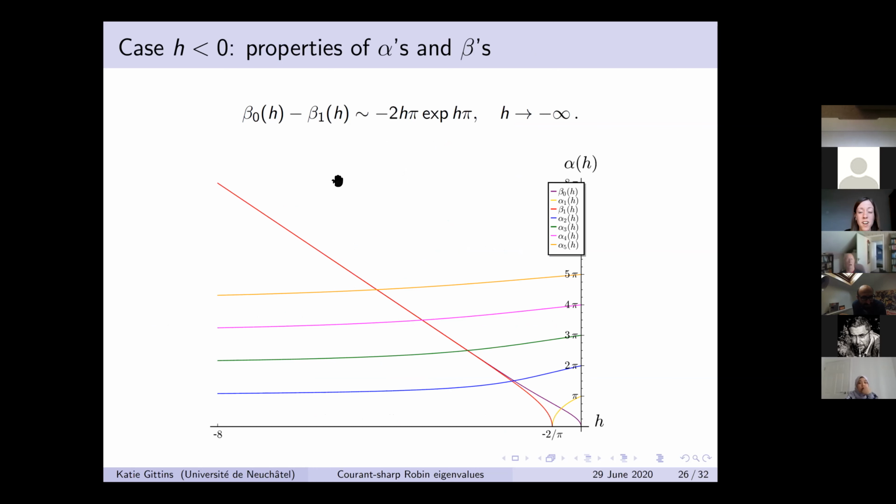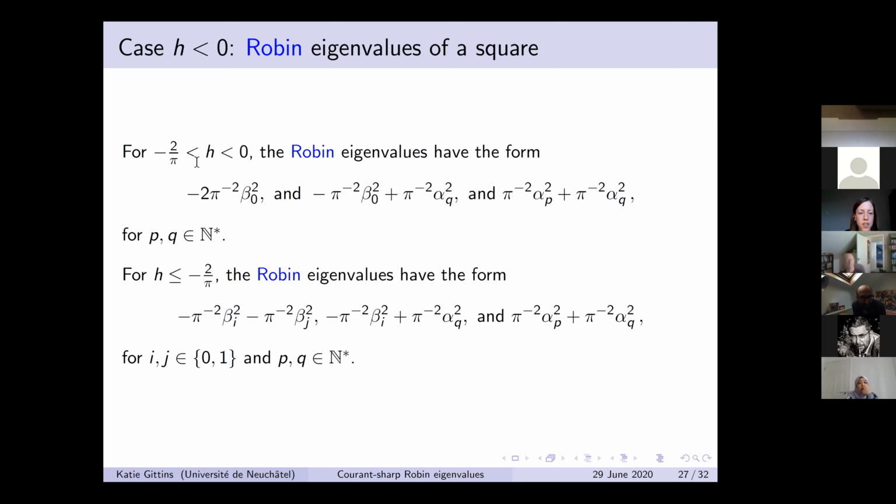So what do our eigenvalues look like now on the square? When h is larger than minus 2 over pi, either I have the sum of 2 beta zeros, or those given by beta 0 with an alpha q, or those given by alpha p and alpha q. And when h is less than or equal to minus 2 over pi, I have either 2 betas, or a beta with an alpha, or 2 alphas.